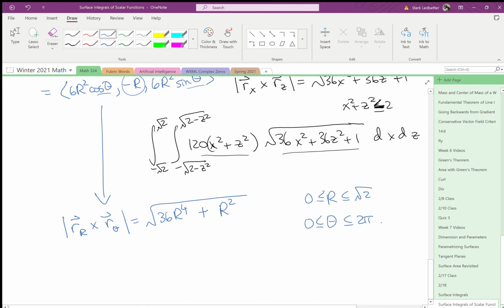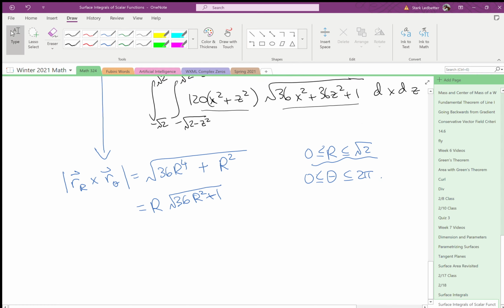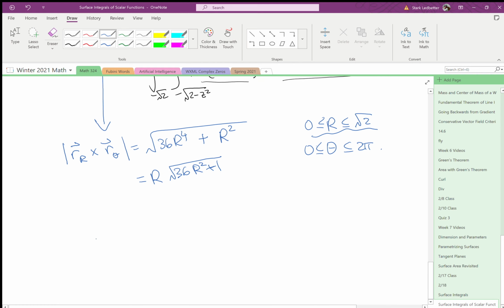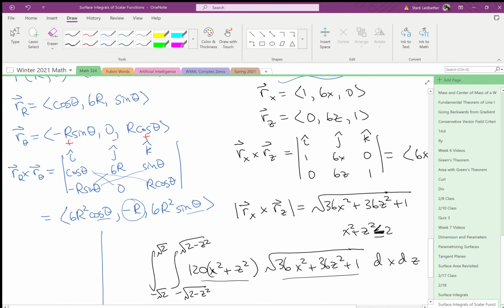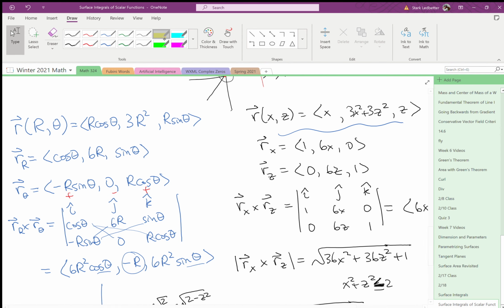So because we're keeping r non-negative, we can pull an r squared out of the root and get an r, no problem. So this is 36r squared plus 1 now. That's a little bit nicer to look at. Okay, we're still taking the integral of 40y, and now y is 3r squared.